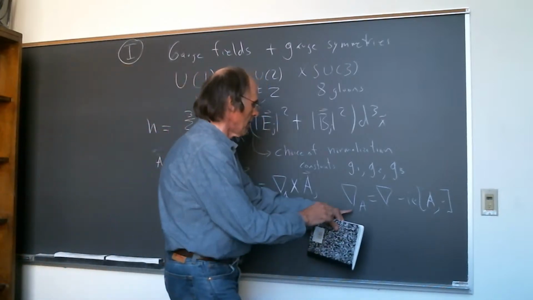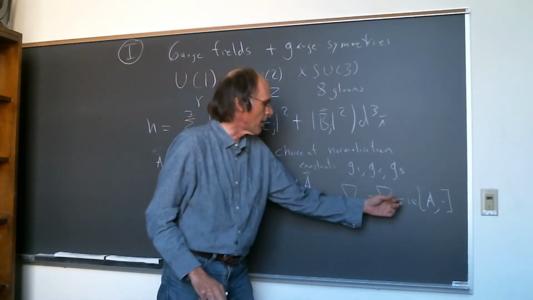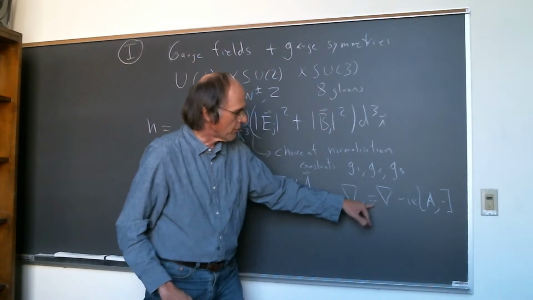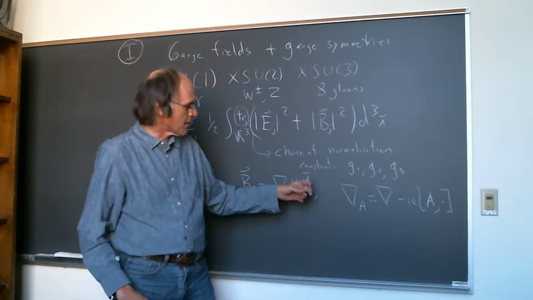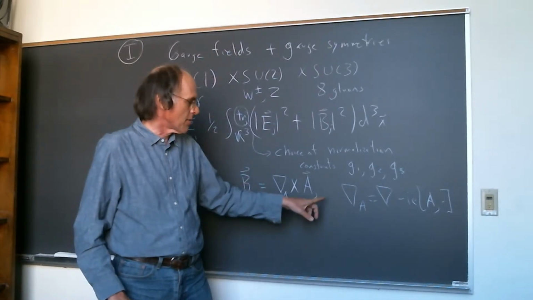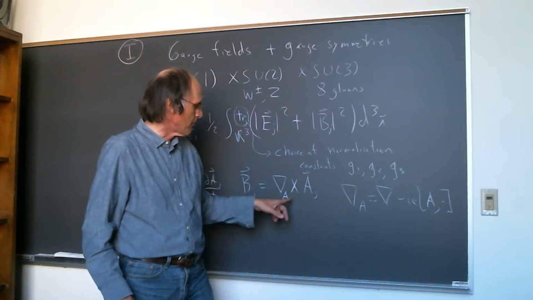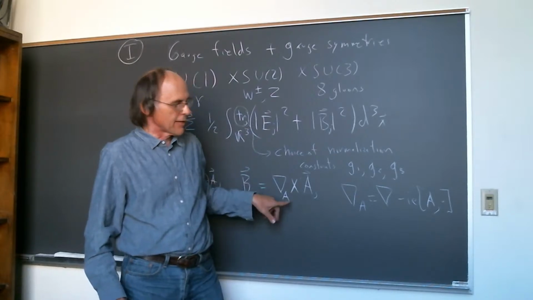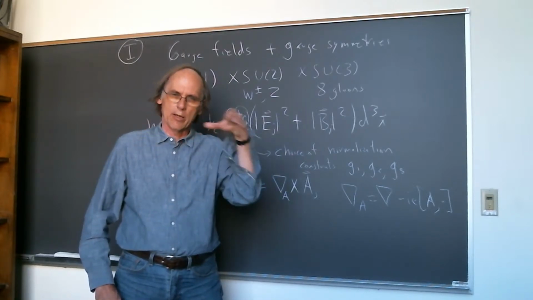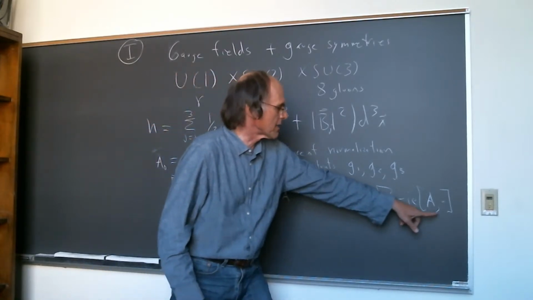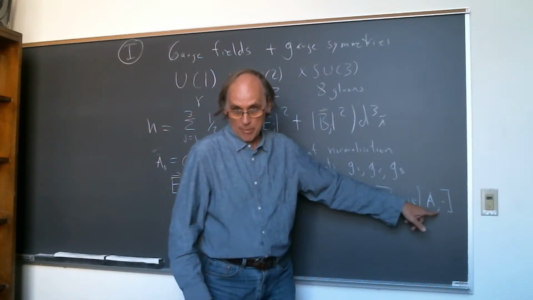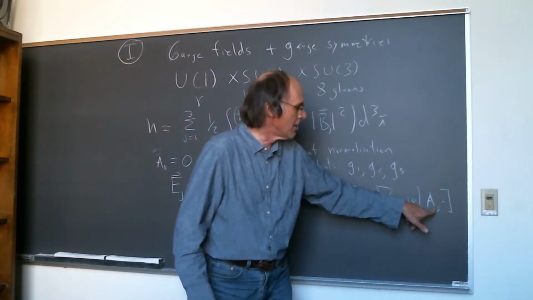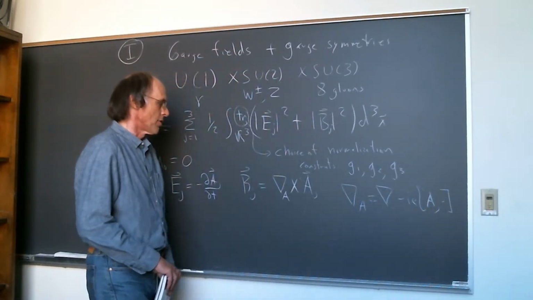Anyway, it looks like this. It's the appropriate covariant derivative acting on the A's, and the A's are adjoint valued. So you need to include the effect of the A, which is telling you what happens when you parallel transport. If you do an infinitesimal parallel transport in the adjoint representation, you're taking a commutator, so you have some kind of term like that.